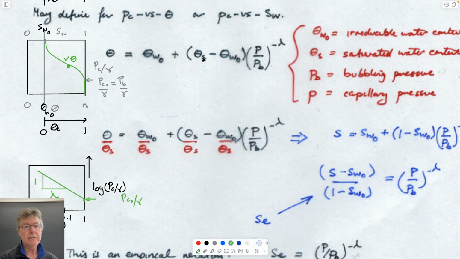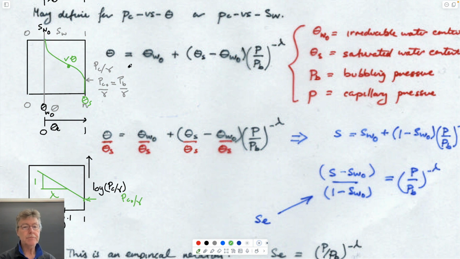If we take the volumetric moisture content at which this is fully saturated, this value here, and write this equation, then we could divide each of these through by this volumetric saturated moisture content.